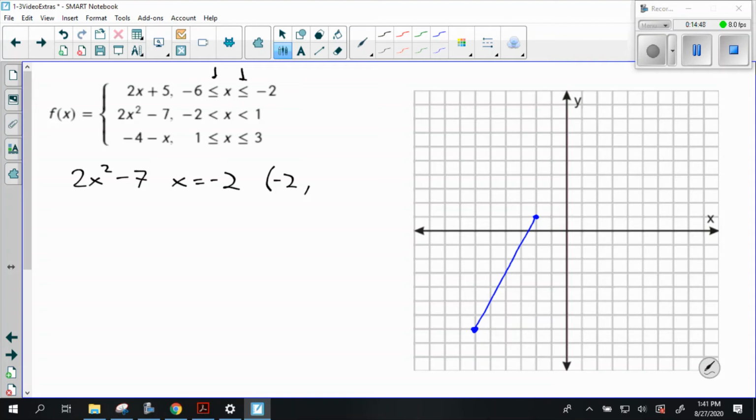How about when x is 1? When x is 1, we've got 2 times 1 minus 7, which is 2 minus 7, or -5. So let's go ahead and plot those points in red.